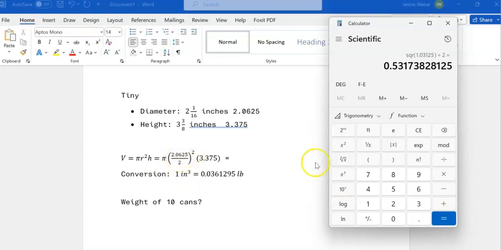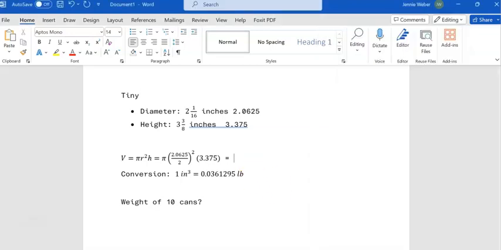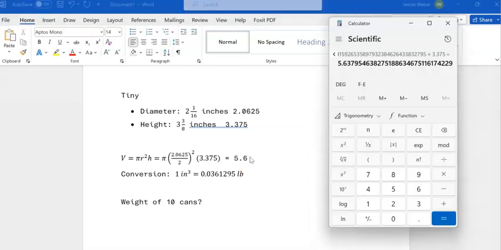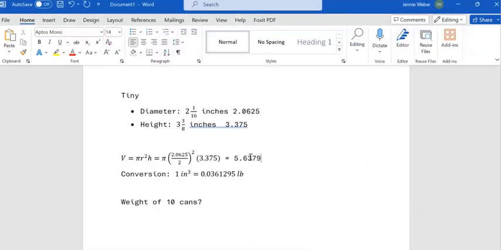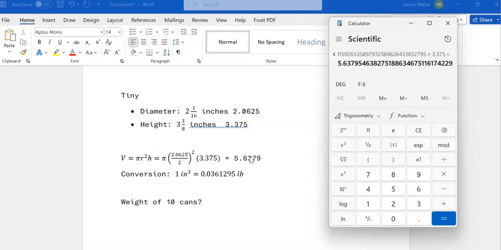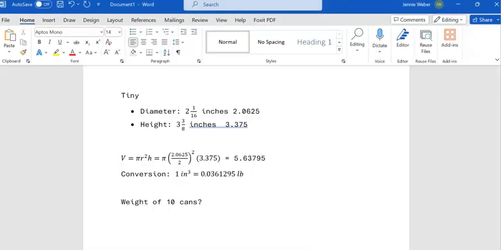I took 1/2, I squared it. I'm going to times it by pi, and then times it by 3.375. So then 5.6379 here.